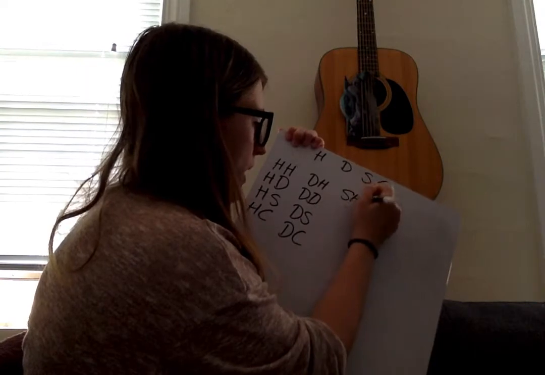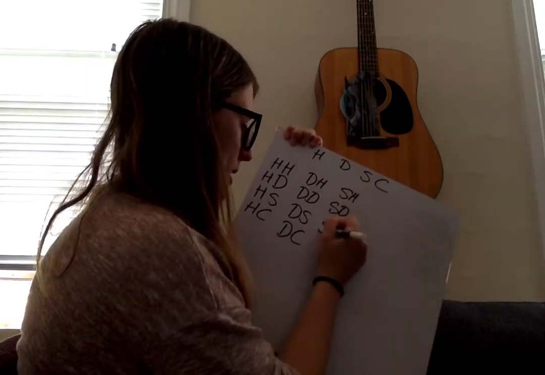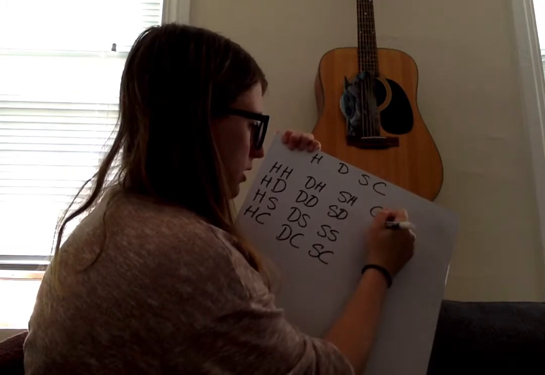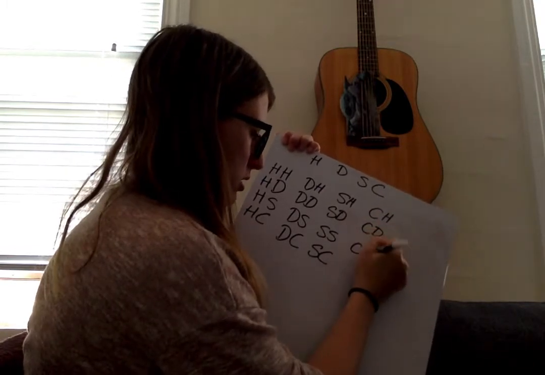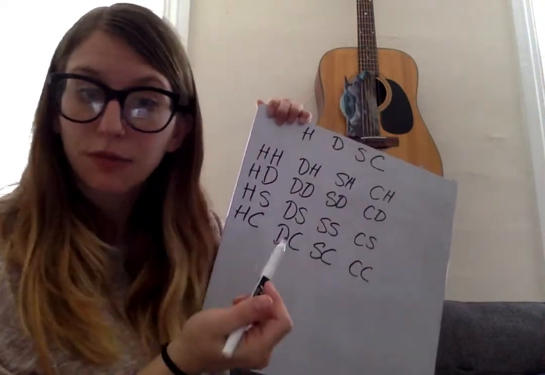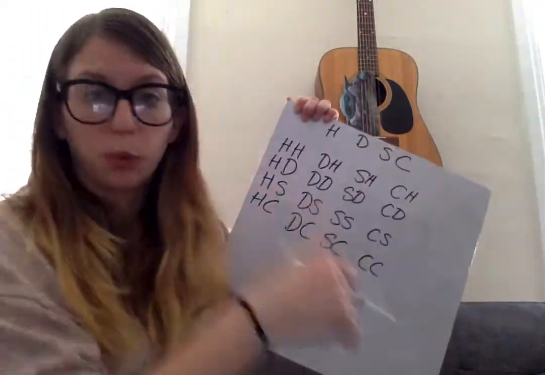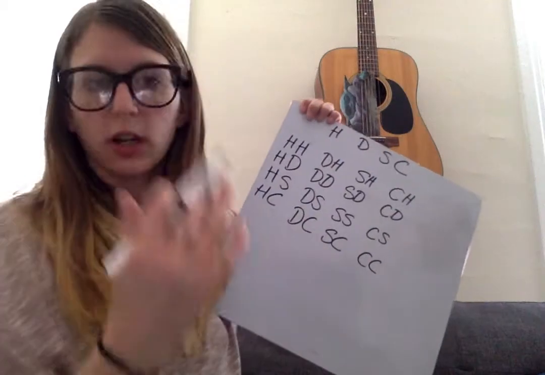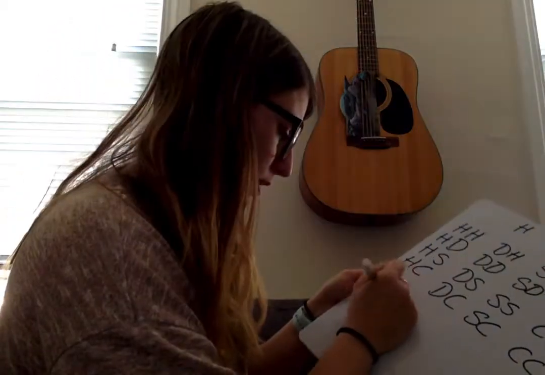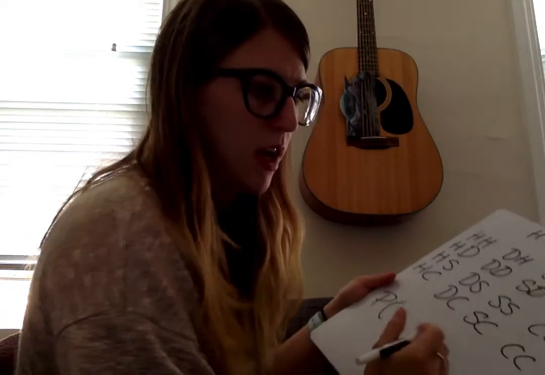And then I'm going to do spade, heart, spade, diamond, spade, spade, spade, club, club, heart, club, diamond, club, spade, club, club. So those are my 16 different possibilities if I just pulled 2 cards out of a deck and I only cared about the suit.